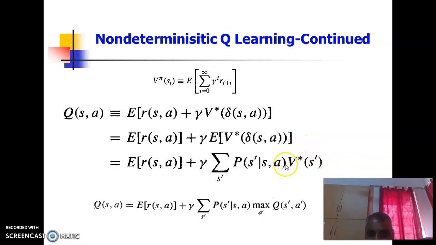Now, this function can be replaced by a Q function that we already studied in the basic Q algorithm. You may please see that.